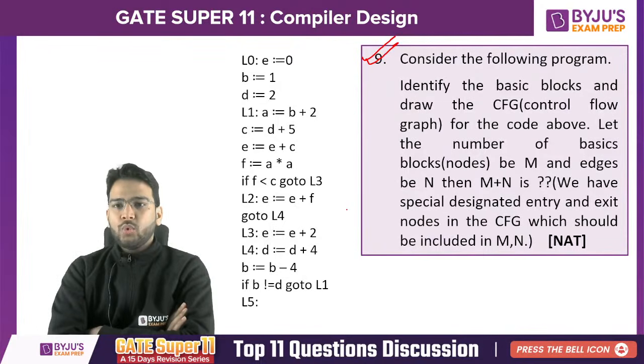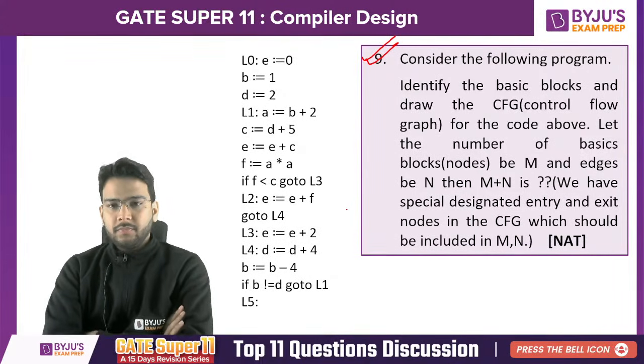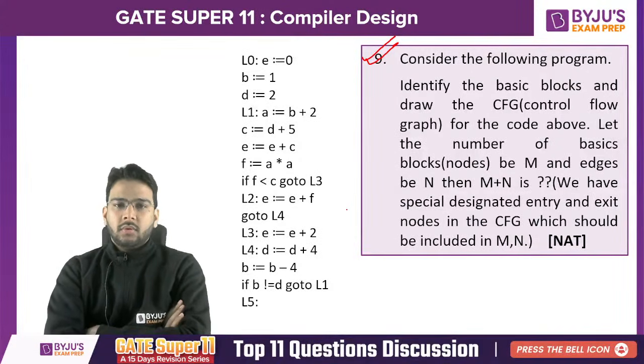M is the number of nodes and n is the number of edges. The leaders are already given to you.